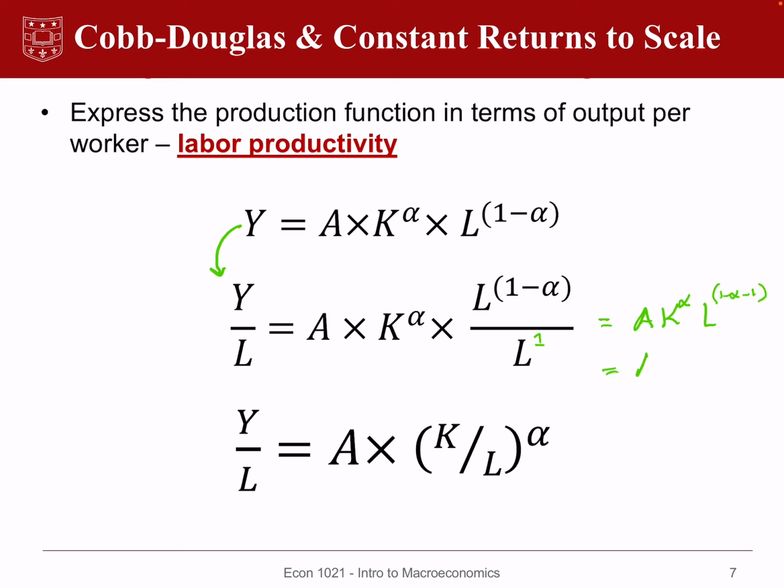So that would be K to the alpha, L to the negative alpha. And negative alpha just means we put it in the denominator over here. So that's how we get this relationship.